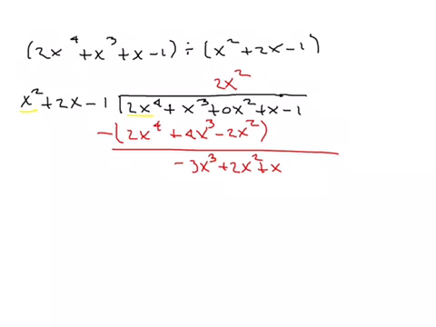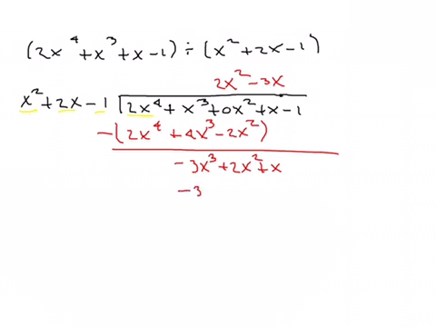So I'm going to say x squared times what equals negative 3x cubed, and that's going to be negative 3x. I'm going to take that negative 3x and multiply it to all my terms in my divisor. So I'm going to multiply it to each of these. So what do we get?